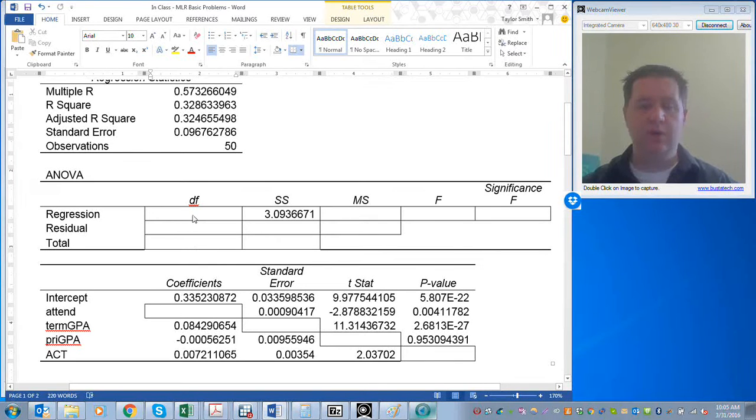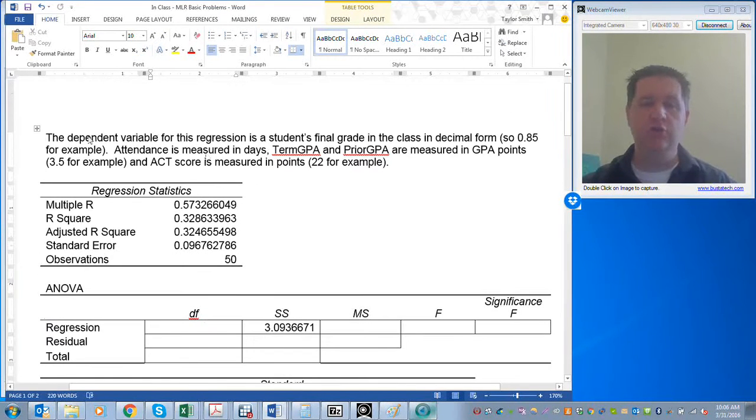So if you remember from our notes in class, this first cell here, the degrees of freedom of the regression, that's K. And if you don't remember, K is the number of independent variables. Now there's two places you can find the number of independent variables. One, they'll usually be listed in this paragraph here at the top.